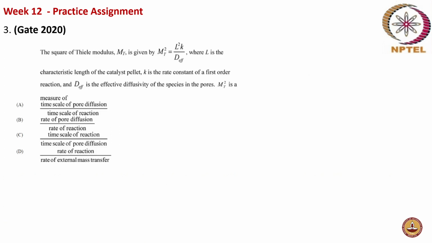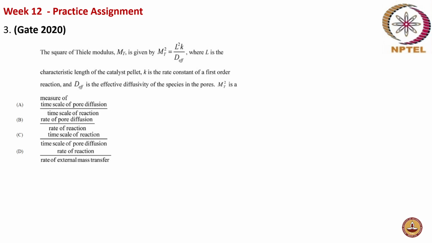Now let's get on to question number 3. This is again asked in GATE 2020. The square of Thiele modulus MT is given by MT square is equal to L square into K by D effective, where L is the characteristic length of a catalyst pellet, K is the rate constant of a first order reaction, and D effective is the effective diffusivity of the species in the pore.